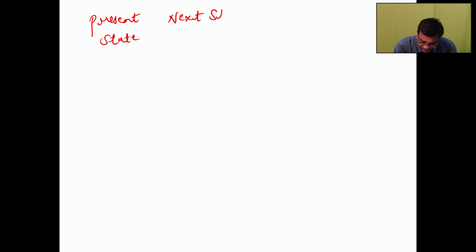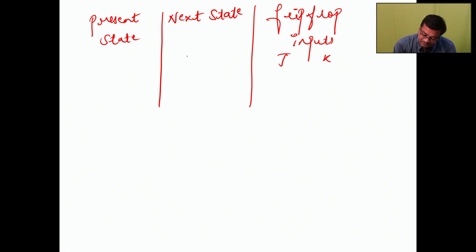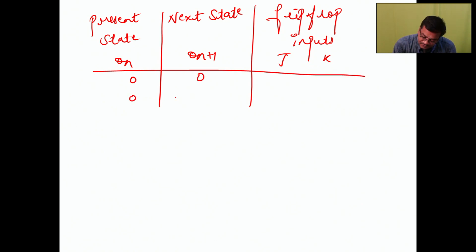While counting the number of bits, the excitation table has to be thoroughly known. Take an example: the present state, the next state, as well as the flip-flop inputs. Suppose we are taking JK as the flip-flop input, with Qn+1 and Qn: 0, 0; 0, 1; 1, 0; and 1, 1.